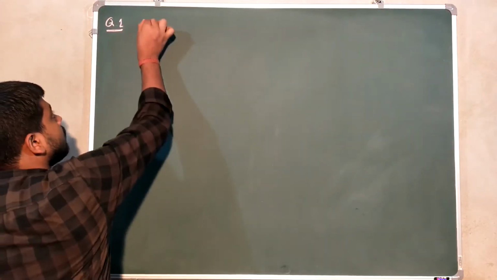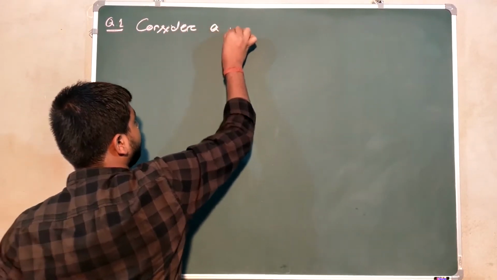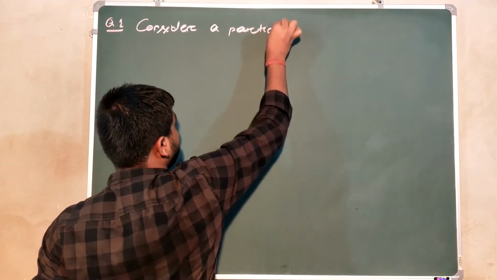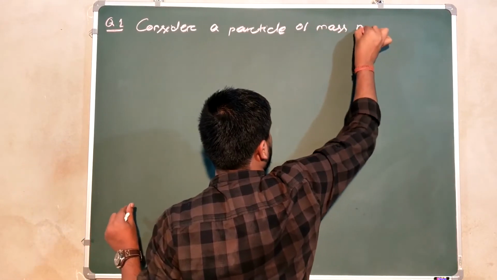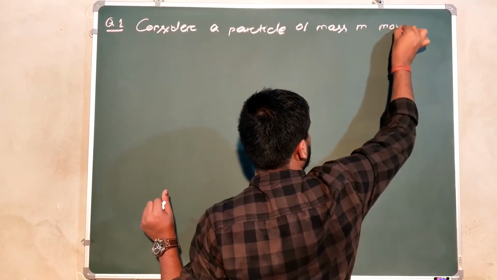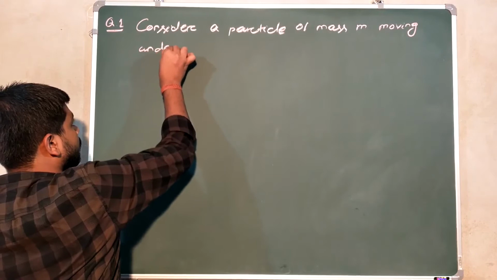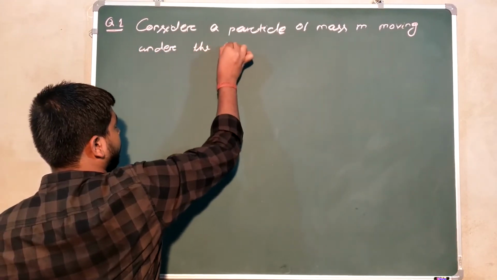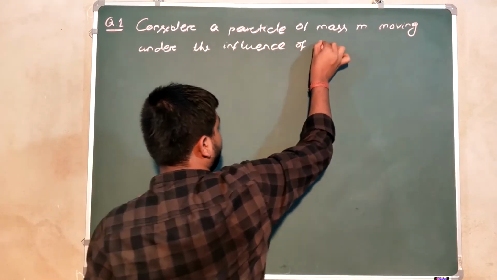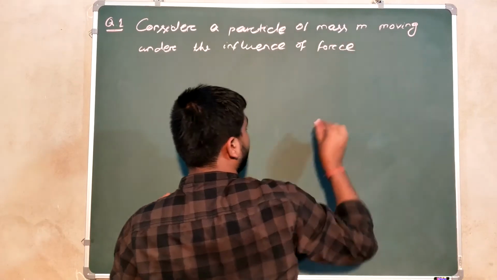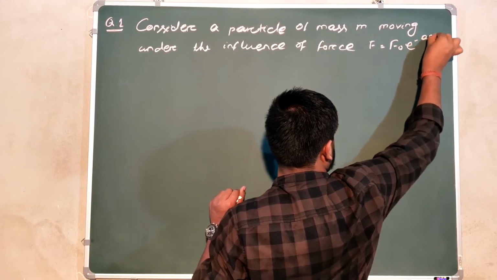What is the problem? Consider a particle of mass small m moving under the influence of force F equal to F naught e raised to minus ax.